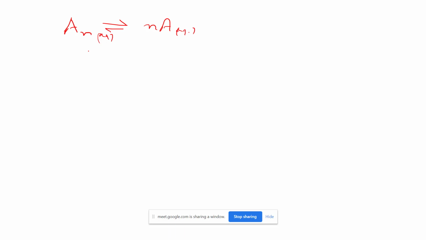Just as we discussed before, we have to describe the relation between i and alpha here. Can you do it? Just try. Take the degree of dissociation as alpha and solve it. The method of solution is similar to what we discussed in the previous section.